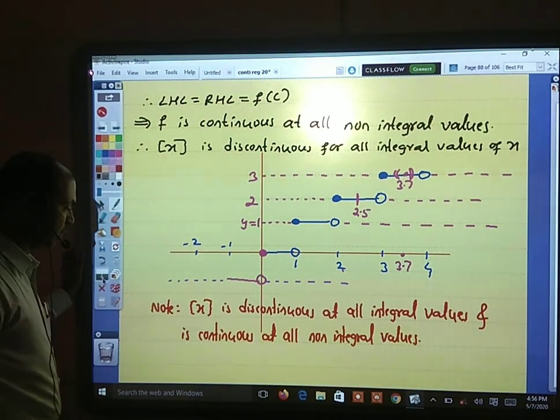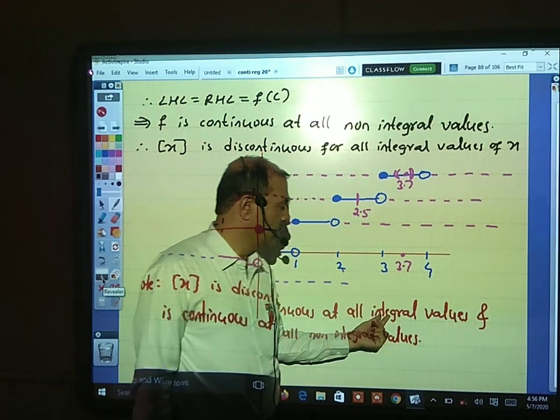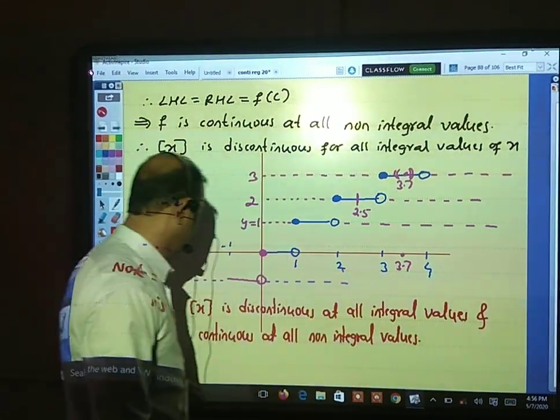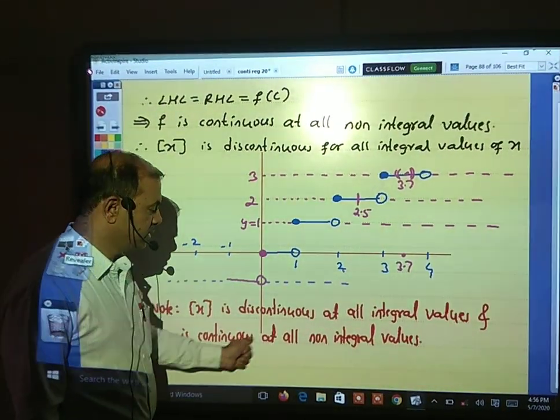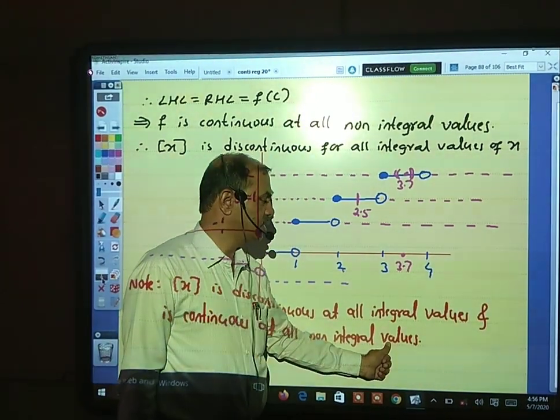So what we have to know: the greatest integer function is discontinuous at all integral values and is continuous at all non-integral values. Remember this as the standard result.